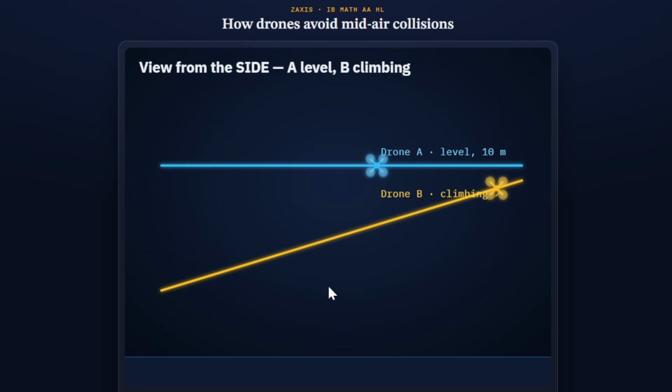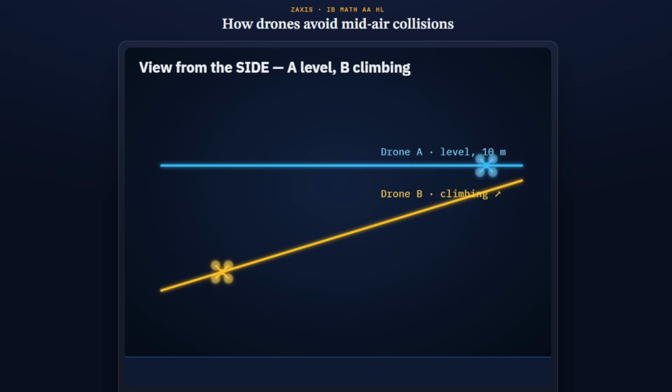Now here's the side view of the situation. Drone A is moving at an altitude of 10 meters straight without climbing upwards, while drone B is starting at a lower altitude and it is steadily climbing upwards. The previous animation gave us the top view of the situation, while this animation gives us the side view.